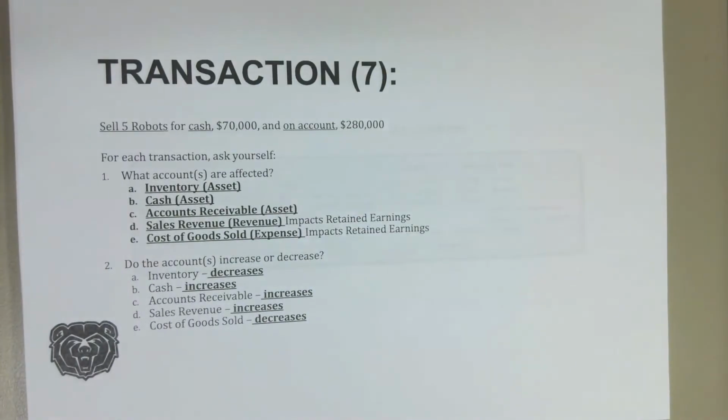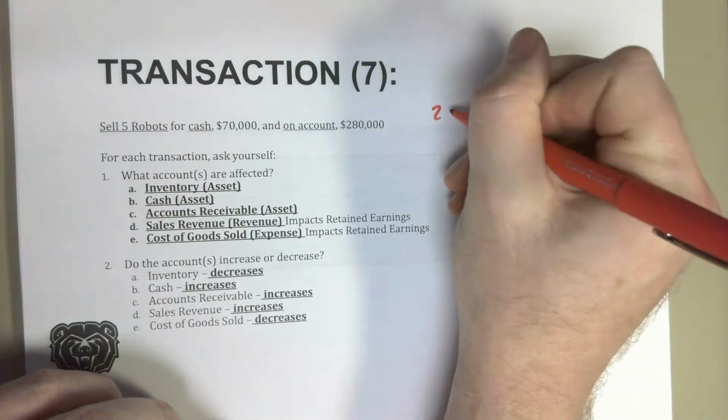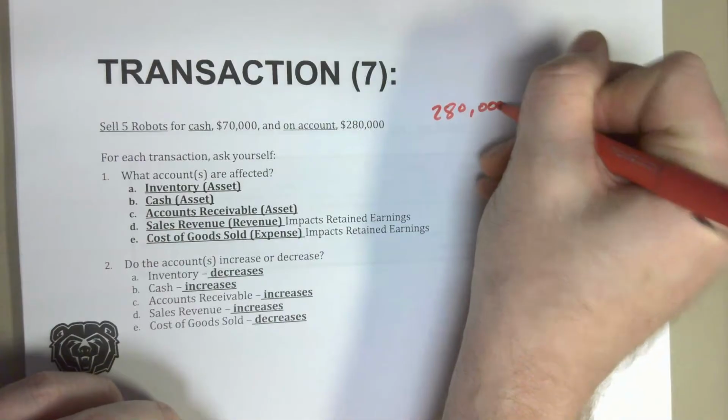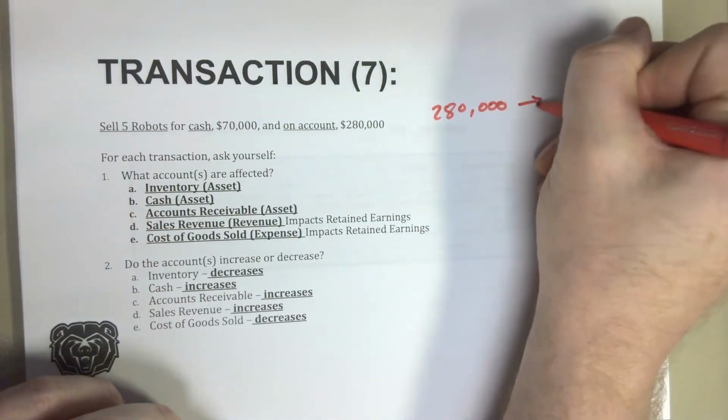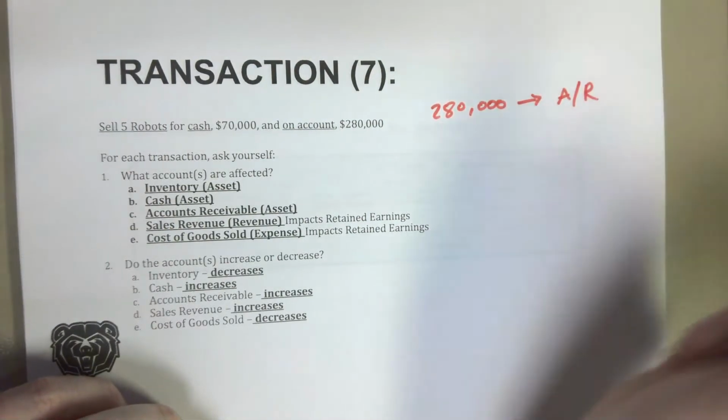So let's look at transaction 7 here, okay? We sold robots, 5 of them, for cash, $70,000, and on account for $280,000, okay? So what's this telling us? Well, it's telling us we sold $280,000 on account. This means AR, accounts receivable.